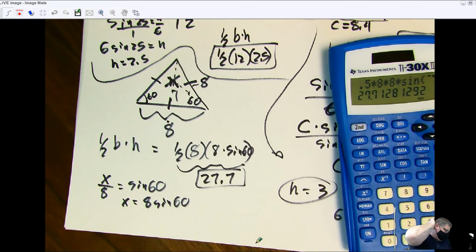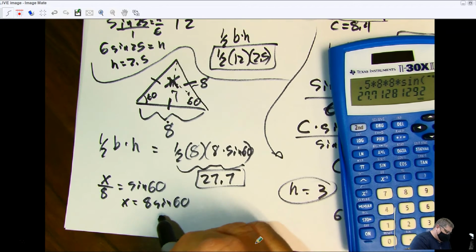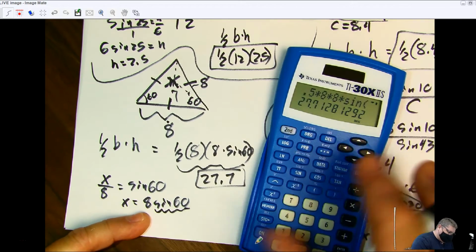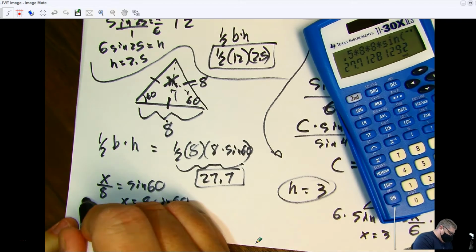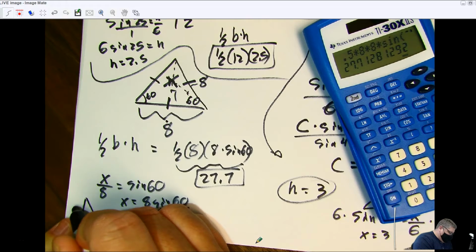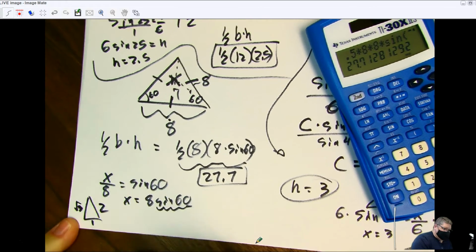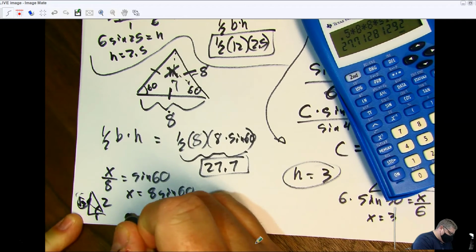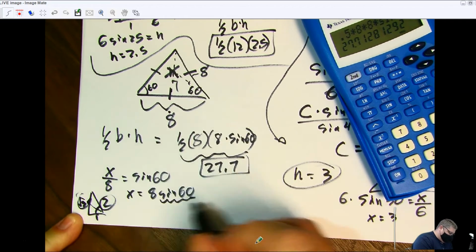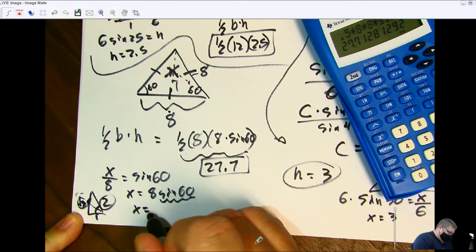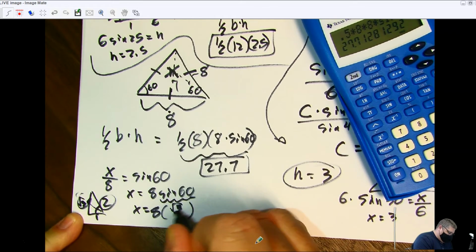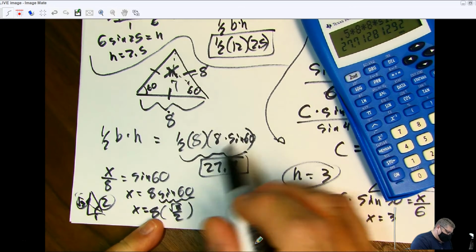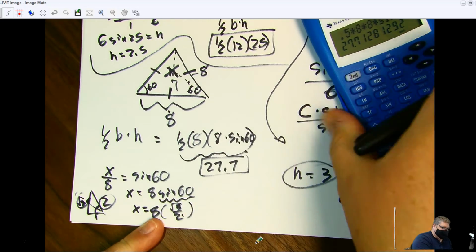Now, just for fun, ladies and gentlemen, because this height was simply 8 times sine 60, we know what the sine of 60 is. In a 30, 60, 90 triangle, I have root 3, 1, and 2. Sine of 60 would be root 3 over hypotenuse 2. So I could say x equals 8 times root 3 over 2. The reason I'm showing you this is because there's actually a way to substitute this in.